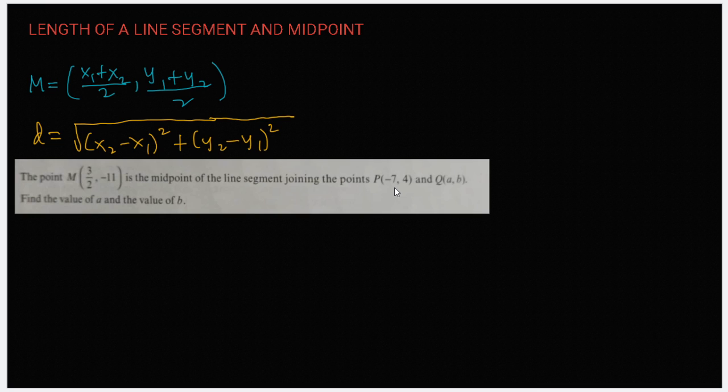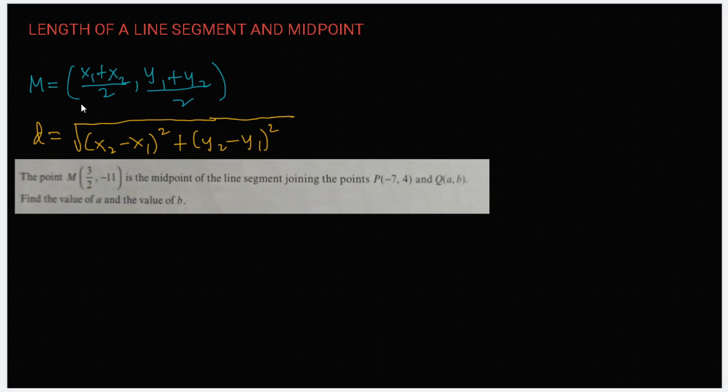So we are asked to find the value of a and the value of b. As you can see on top, the midpoint formula is only x sub 1 plus x sub 2 all over 2, y sub 1 plus y sub 2 over 2.